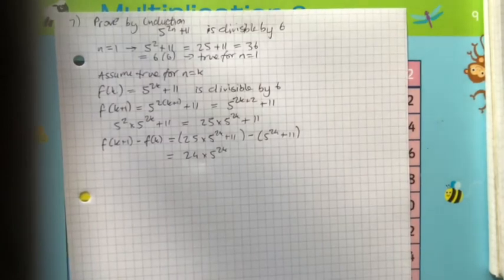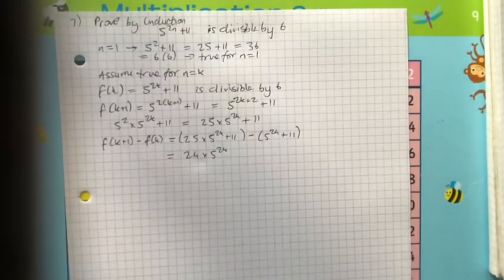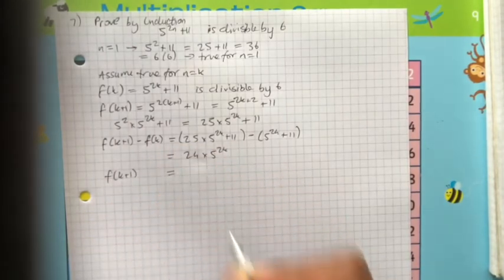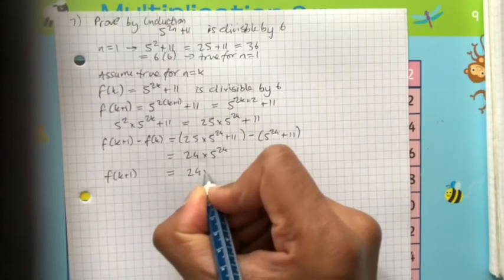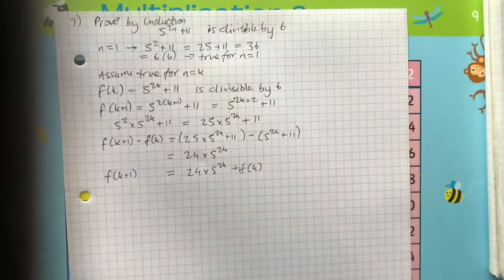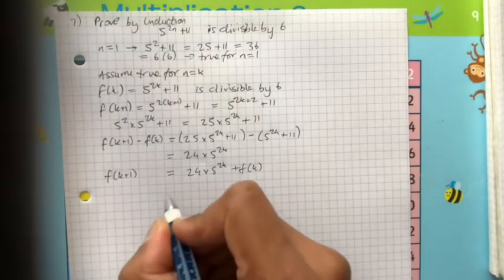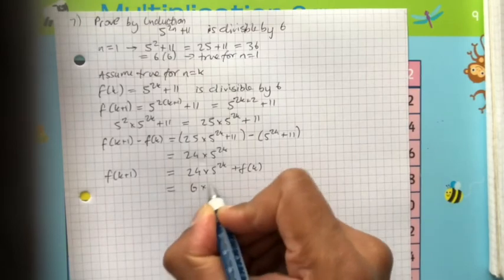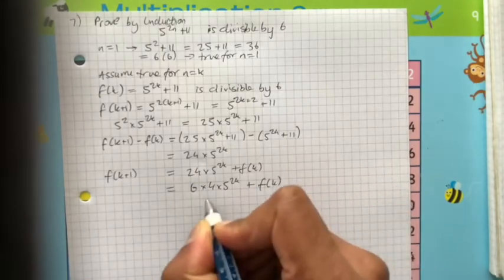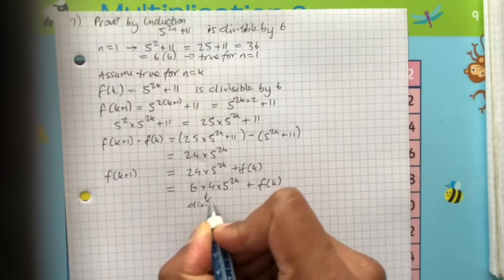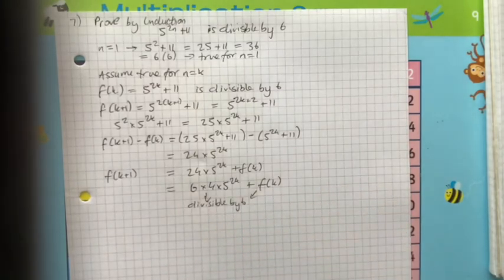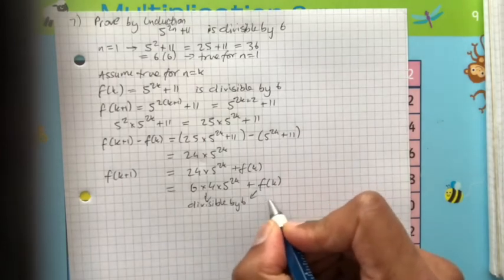So that'll give us 24 times 5 to 2k. So here I just want to look at f of k plus 1. So that will be 24 times 5 to the 2k plus f of k, and 24 is 6 times 4 lots of 5 to the 2k, and so that is divisible by 6, and that we assumed was divisible by 6.